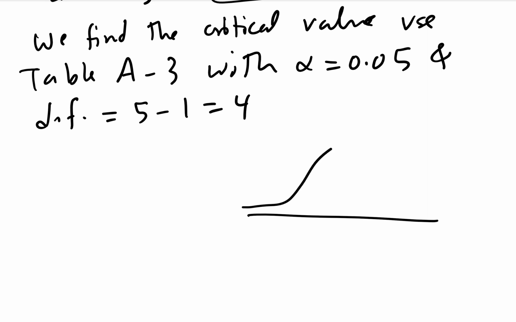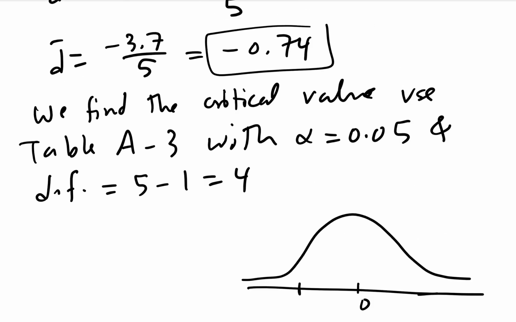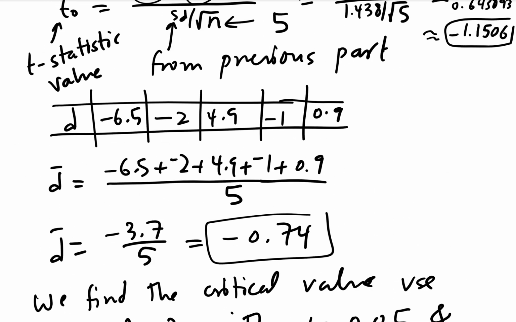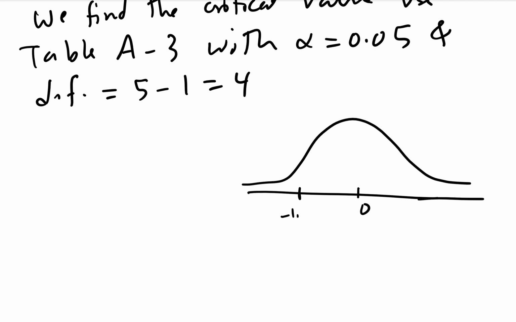So if we draw it this way, 0 is here. We find the critical value. The critical value was negative 1.15. They ask us to test to the left.